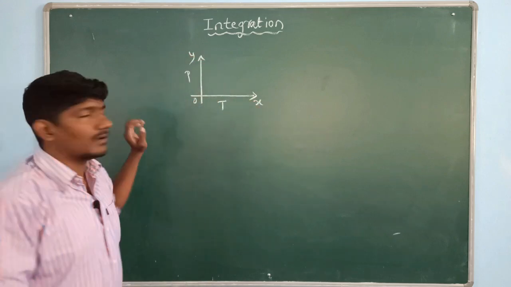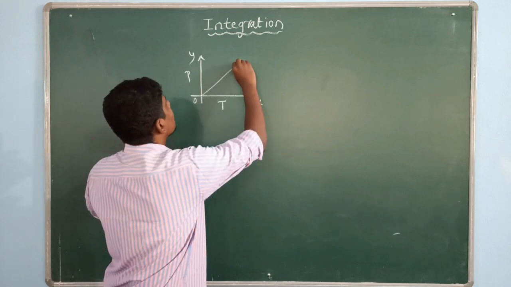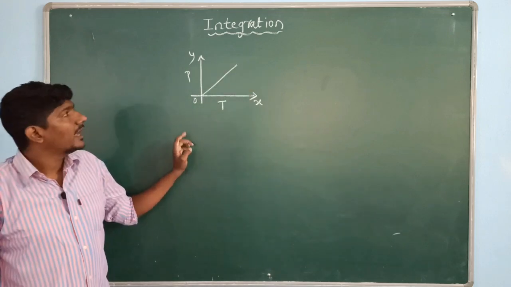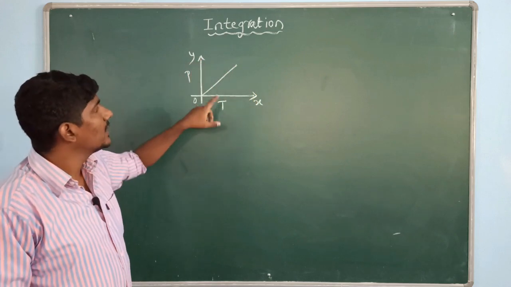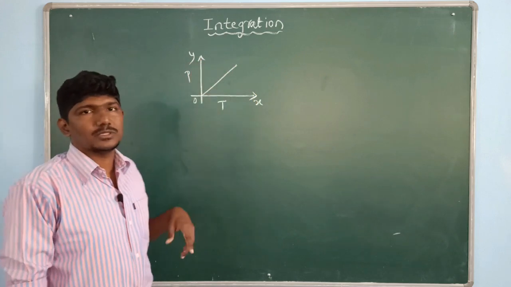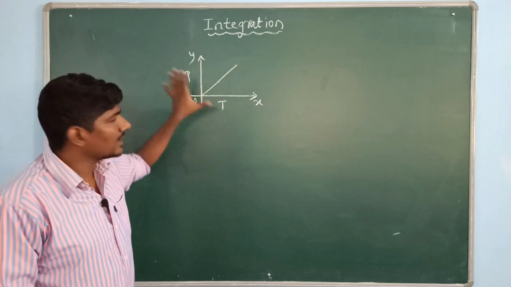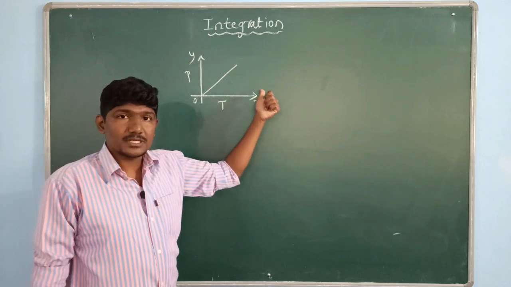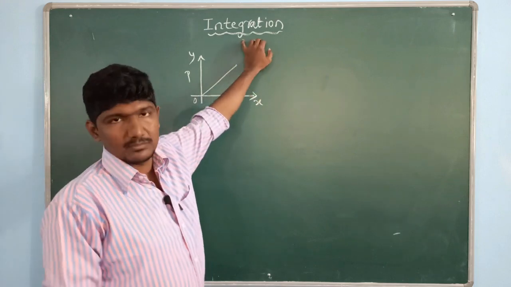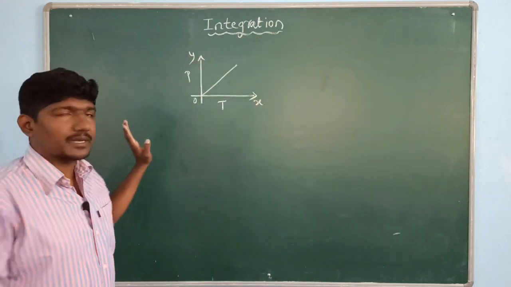So this is our PT graph. Now here we have a straight line. This particular straight line indicates uniform motion. Using this graph I am explaining differentiation. Why? Once you get differentiation, its reverse process is integration. Already this is completed.